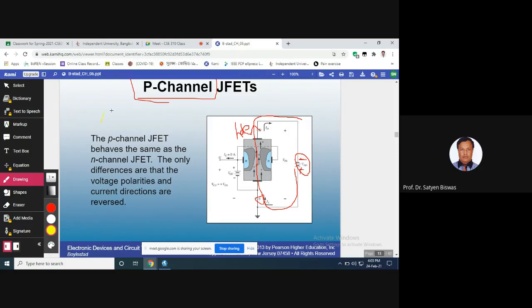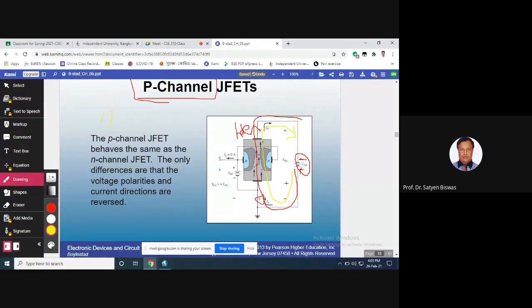The direction of the current is opposite to the direction of electron, but not for the hole. Current is in the same direction as the hole. So the current is also flowing in the same direction here, and you see here it is mentioned, ID. Yes, sir, now I understand. Right. Current and holes are flowing in the same direction, but the current and electrons are flowing in opposite directions.